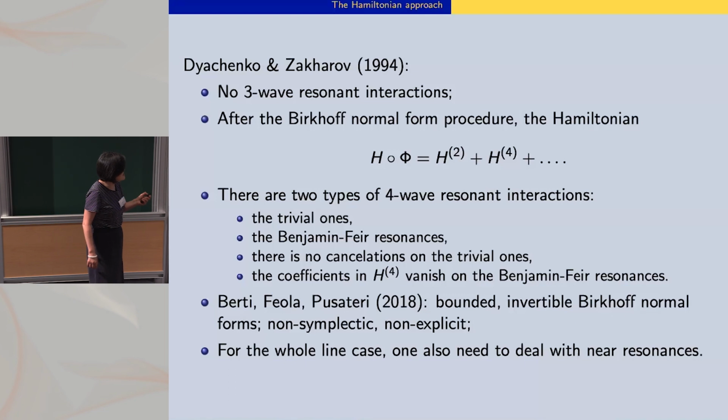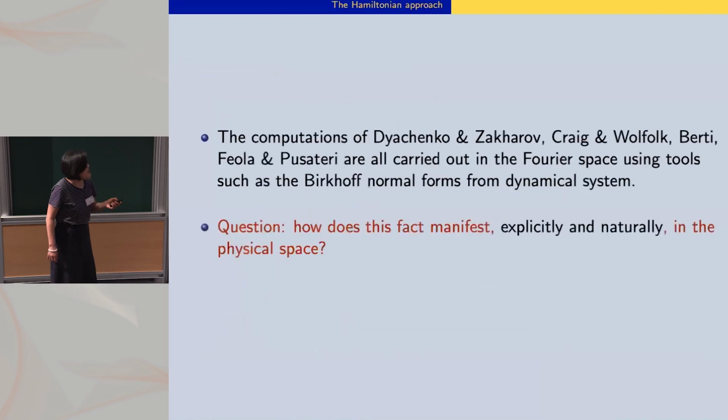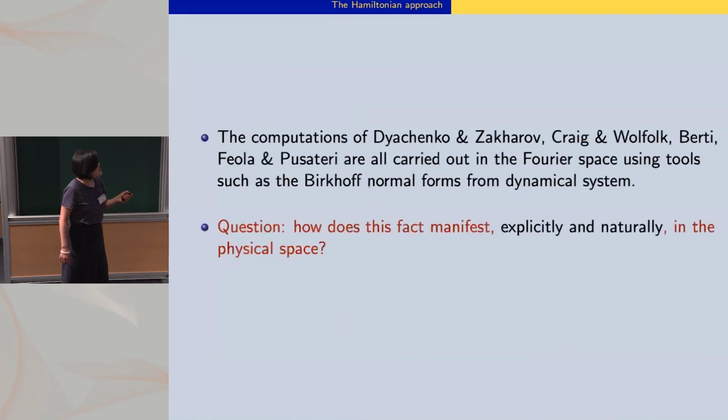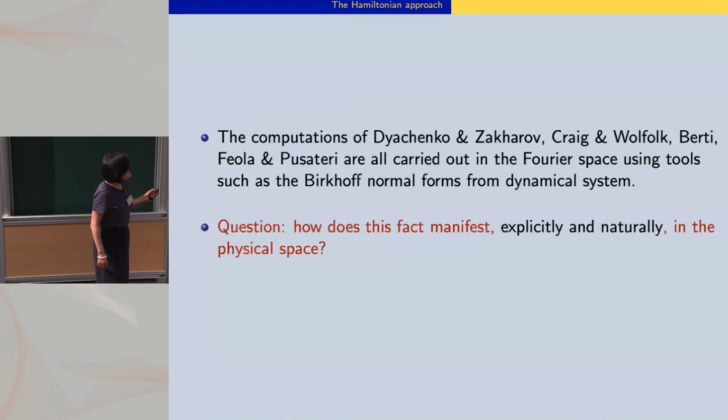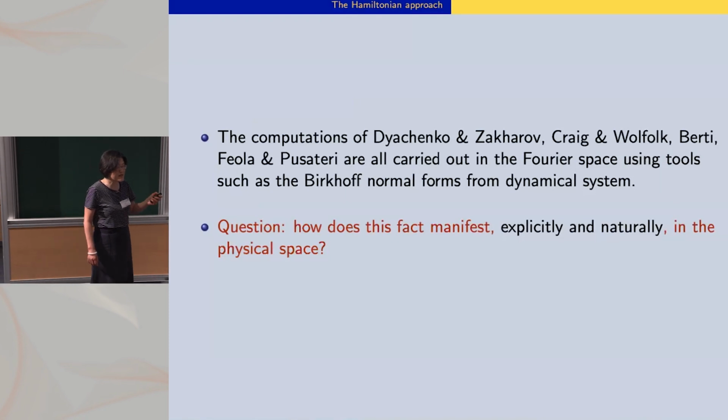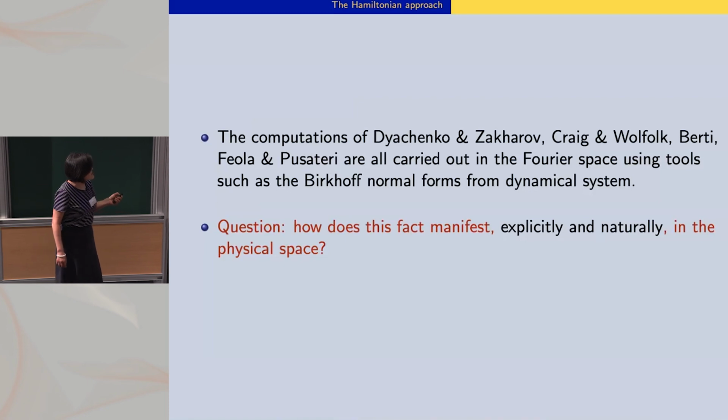It's not explicit. So the question we really want to investigate is that these constructions are always on the Fourier side and sometimes not so explicit. We want to understand what is really going on on the physical side, because the Euler equation is written in physical space.